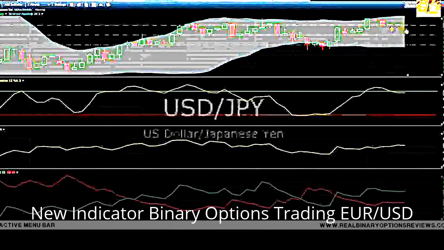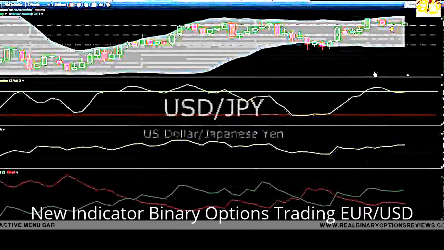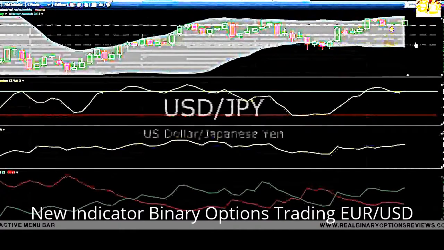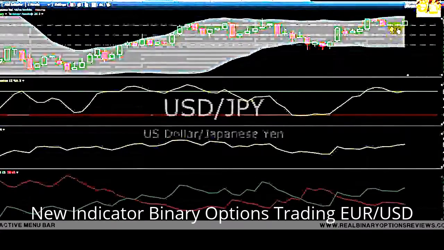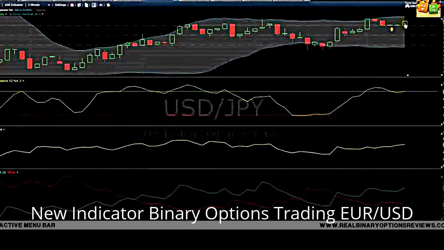And now we can see the price is consolidating in this area. So I don't know if I should enter this trade or not. If you're not secure about your trades, if you're not confident, it's better not to enter the trade. However, you can see if I would enter the trade, maybe it would be a winning trade.